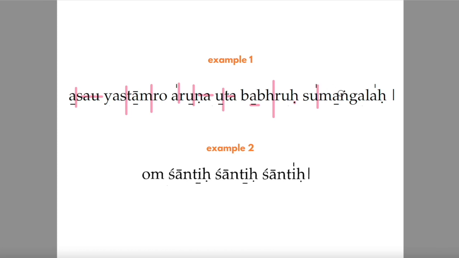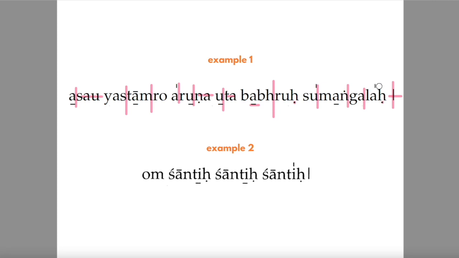Su is going high. Mang, ga, la. What sound would we apply now, because it's come to an end of the line? We identify the visarga. We look at the letter before it, which is an a sound, and it will always be middle.